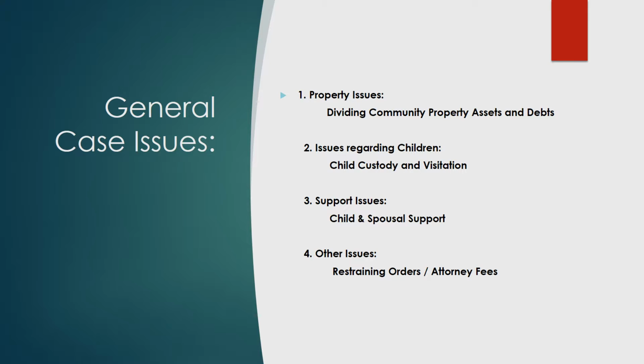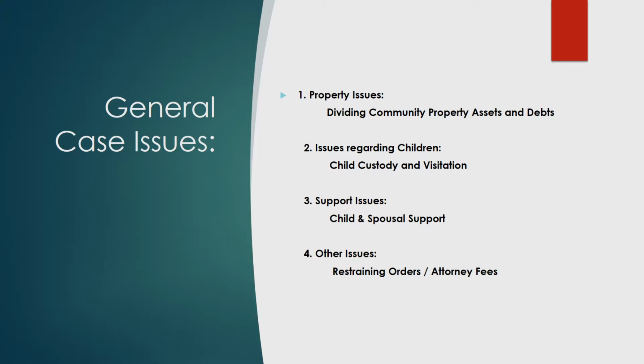Under support issues, if it's a divorce case, we can have issues regarding child support and spousal support. In a paternity case, it would just be child support. So let's talk just about child support for a moment. Child support is based on a computer program in California called a DissoMaster.